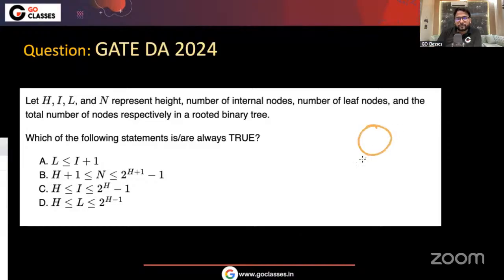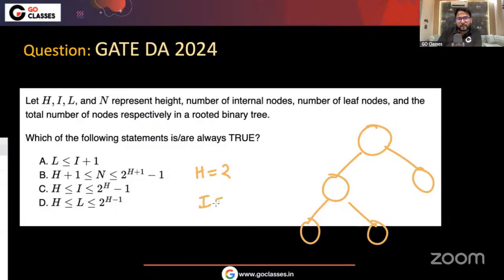For example, okay, what is the height here? 2 is the height, so H is 2, and the number of internal nodes: internal nodes are basically 1, 2, so I is also 2.